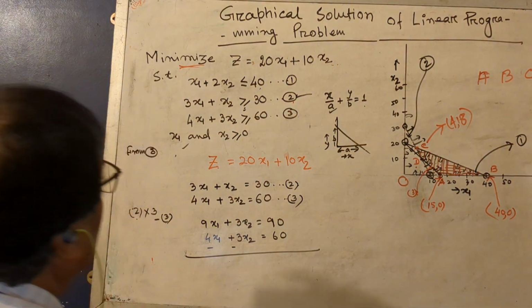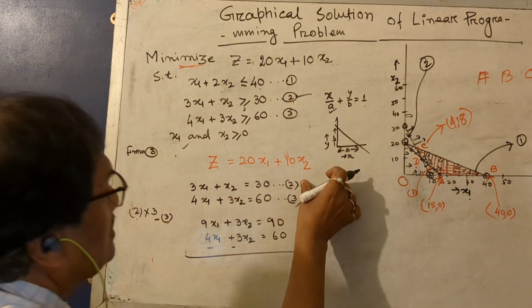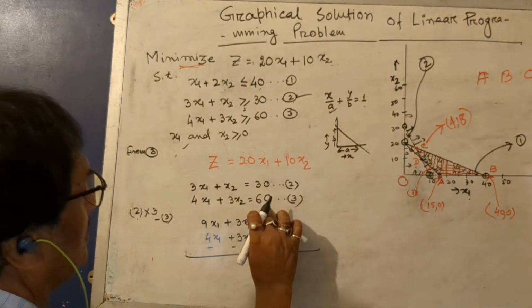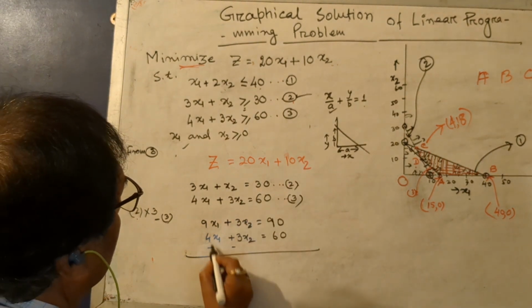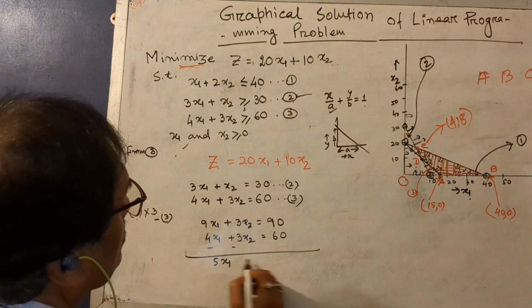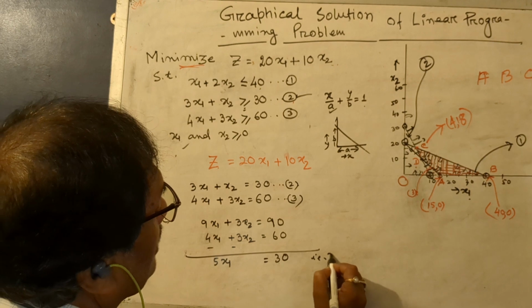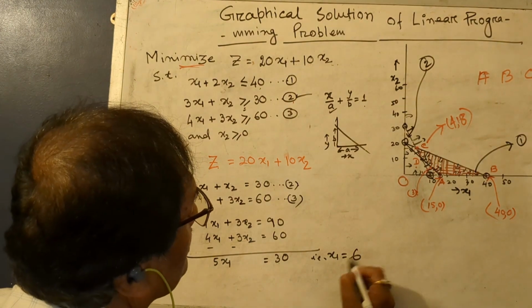So if we subtract, how much? 5x1 is equal to 30. That is x1 is equal to 6.